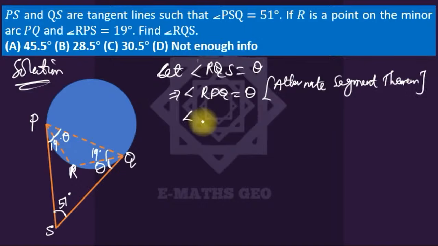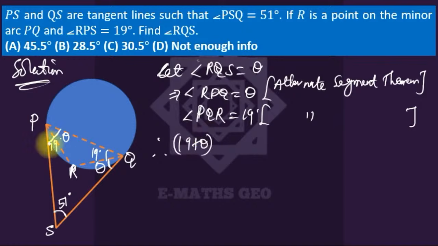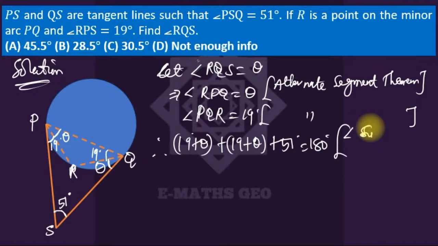Also angle PQR is also 19 degrees based on that same alternate segment theorem. Therefore, if we sum 19 plus theta, that's this angle, plus angle Q, which is also 19 plus theta, plus 51, that's the 51 here, must give us 180 degrees based on angle sum theorem for triangle.